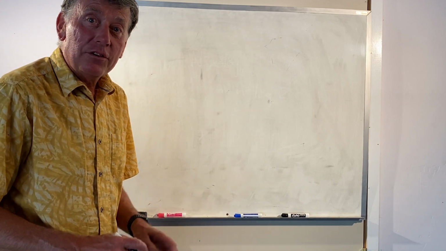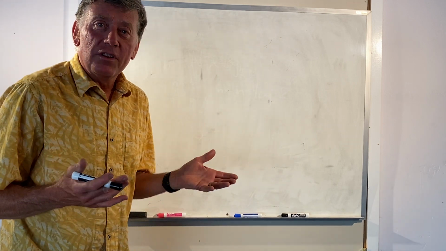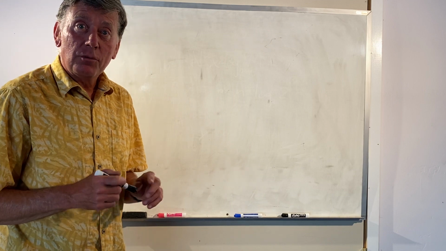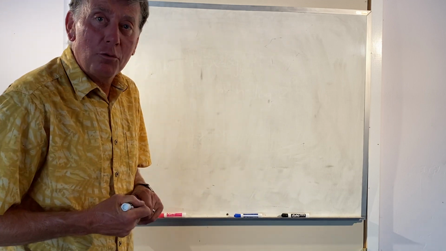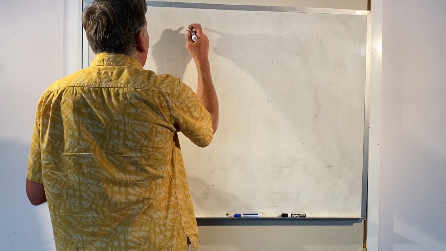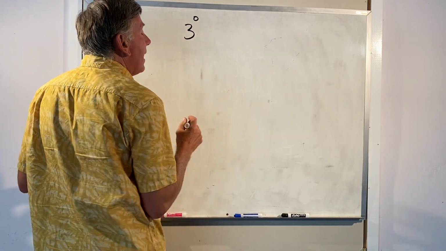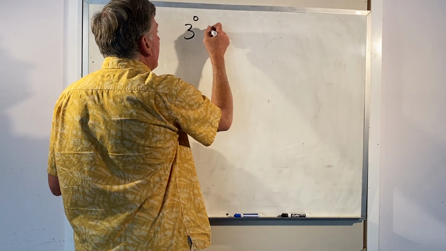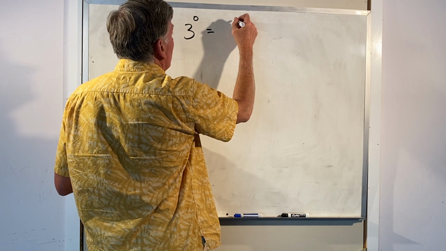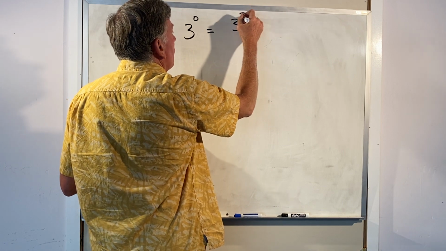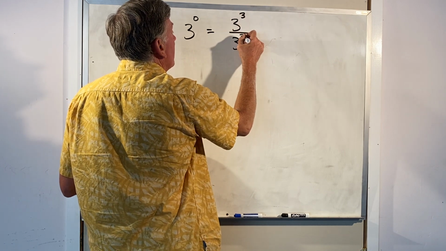I want to talk about rules of exponents, but in particular when we take something to the 0 power. If I have 3 to the 0 power, you're going to see that this is the same as 3 to the third divided by 3 to the third.